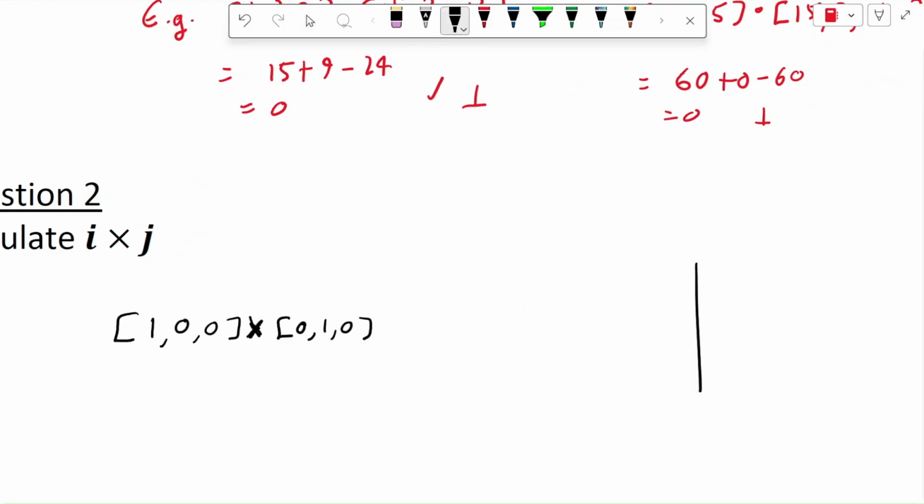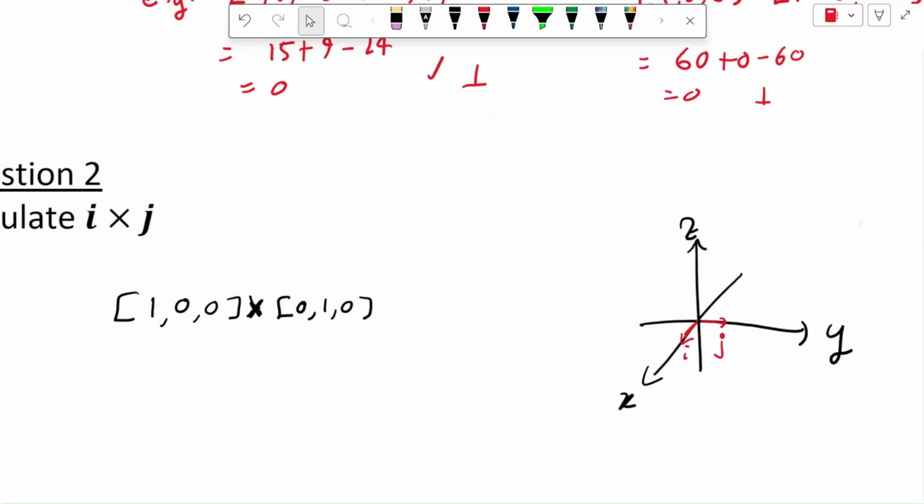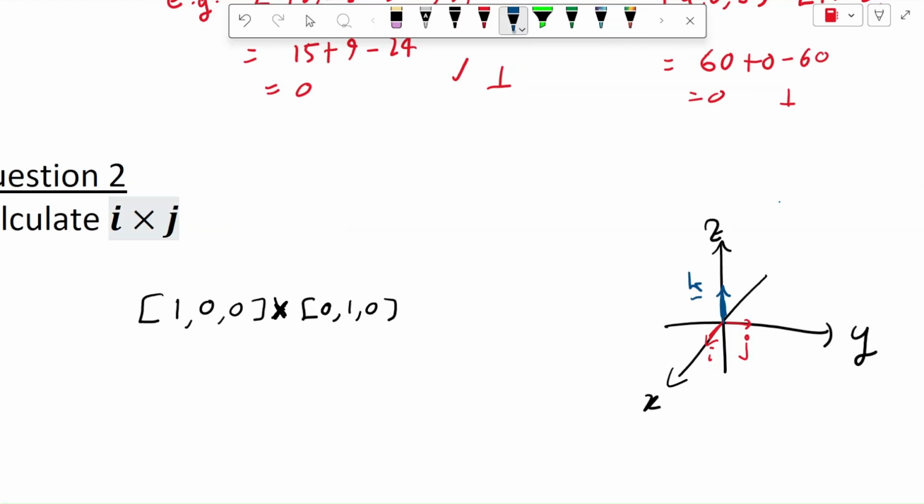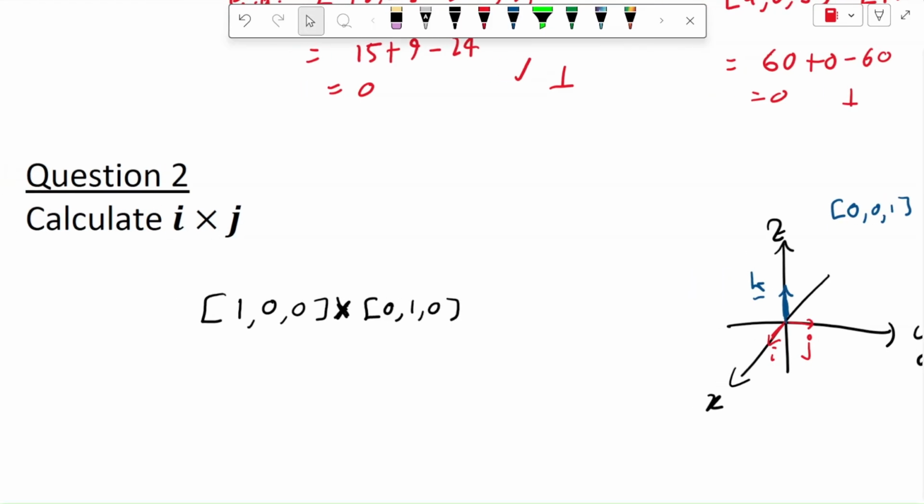Essentially, we've got our x-axis, y-axis, and z-axis here. This vector along here is i, and this vector along here is j. Now, if I want a vector which is perpendicular to both of those, it's probably going to be this one up here, k. So I'm hoping that I actually get 0, 0, 1 out of the cross product, and we'll see whether we do or not.